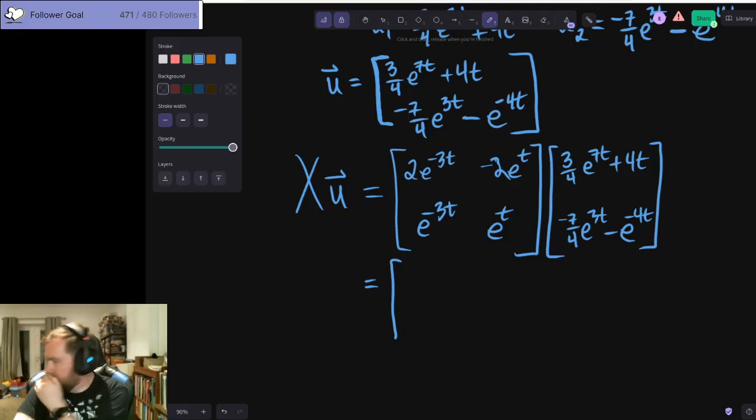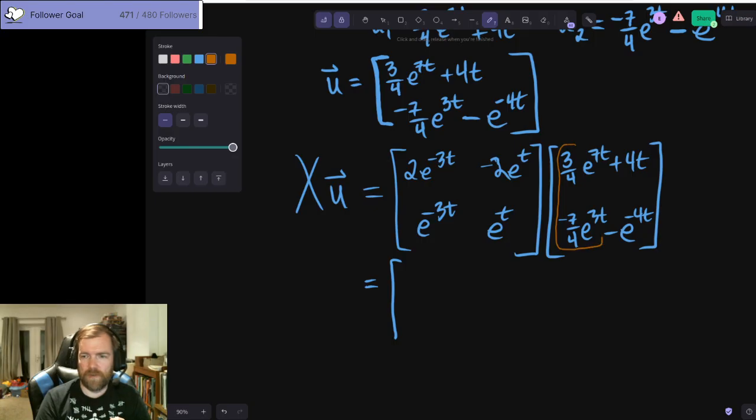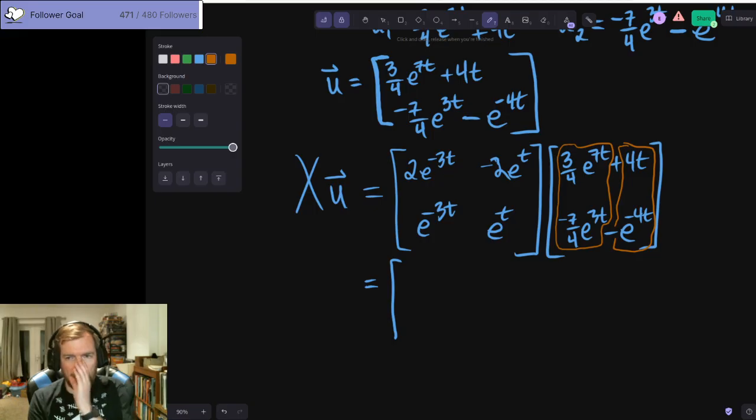Well, conveniently, I think these will combine into one anyway. We'll have 3 halves e to the 4t plus 8t e to the minus 3t. So I think we're going to run into the same thing that Zach, you and I did yesterday, where if we had separated these out into 2 separate things and then done them as distribution, then this makes it a little bit easier. And really, if you want to do it now, it's just a matter of organization within your head, right?